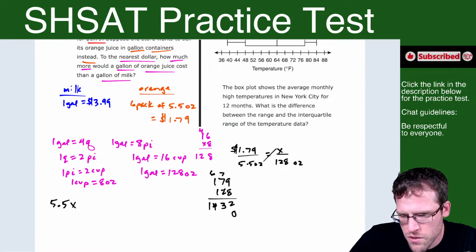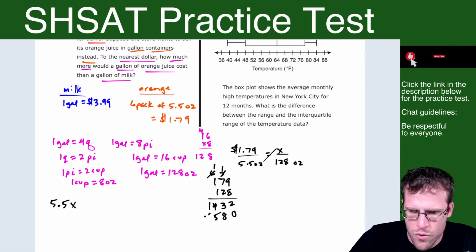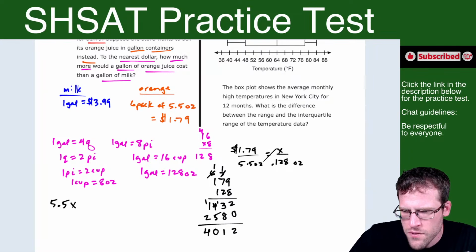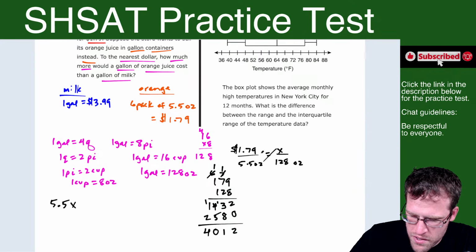Put a placeholder. 2 times 9 is 18. Carry the 1. 2 times 7 is 14 plus 1 is 15. Carry the 1. 1 times 1 plus 1 is 2. 2, 11, and then 10. Carry the 1. So 128 times 1.7.